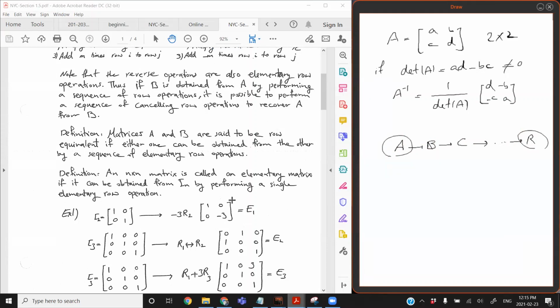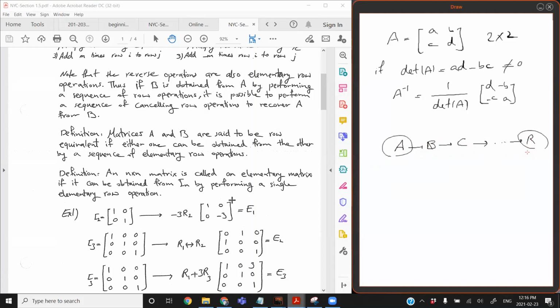Now, definition: two matrices A and B are said to be row equivalent if either one can be obtained from the other by a sequence of row operations. So if you have a series of matrices like this, A, you perform a row operation, you get B, you perform a row operation, you get C, you perform a row operation, you get D, and all the way until you are at the reduced row echelon form, or any form.